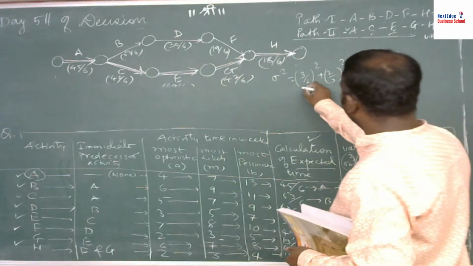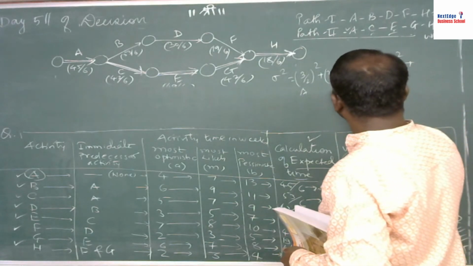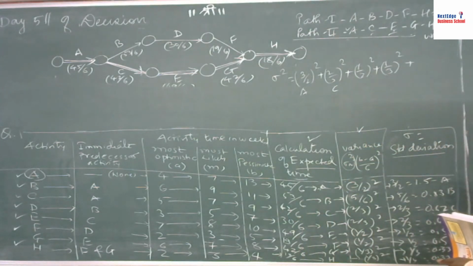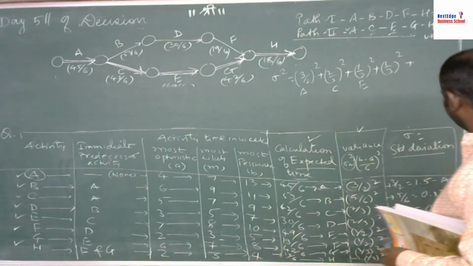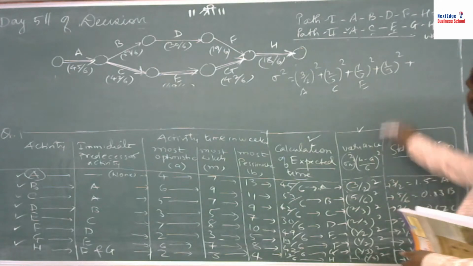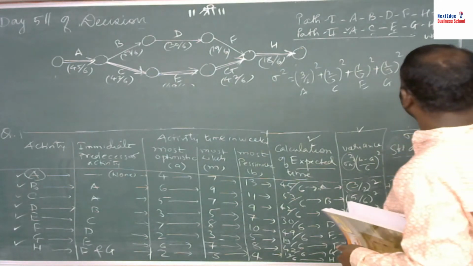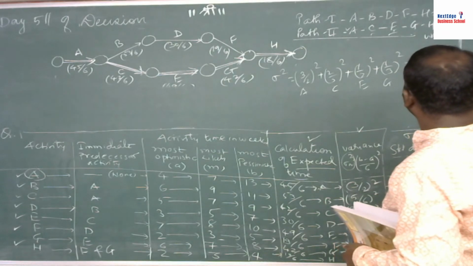So ये हो गया A का, ये हो गया C का, 2 by 3, then again E का था 1 by 2, फिर G का है 1 by 3, और H है again 1 by 3, right.